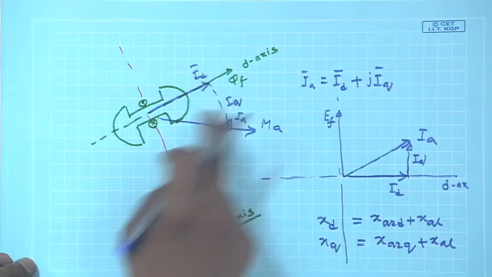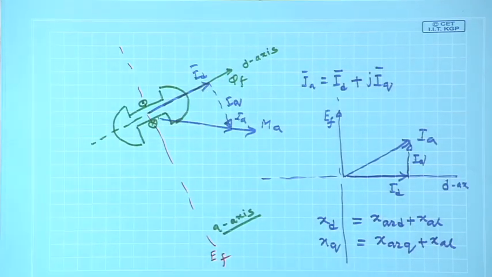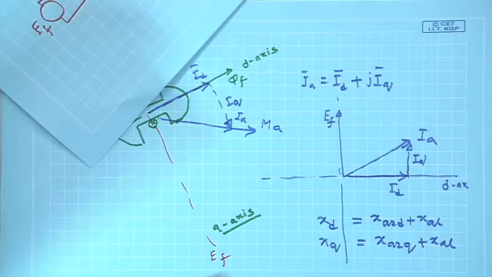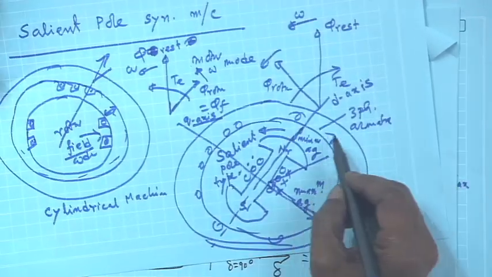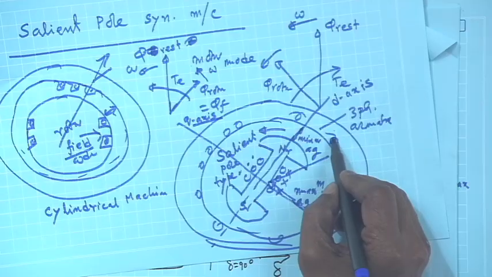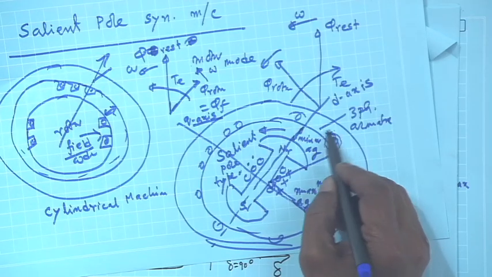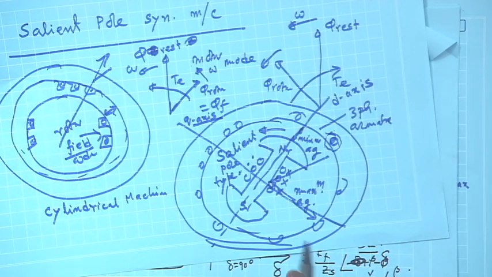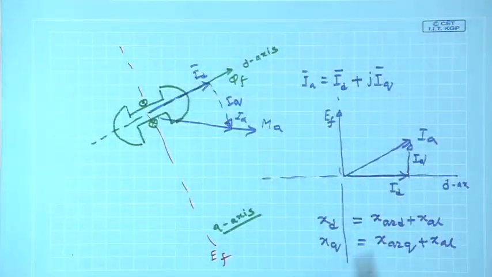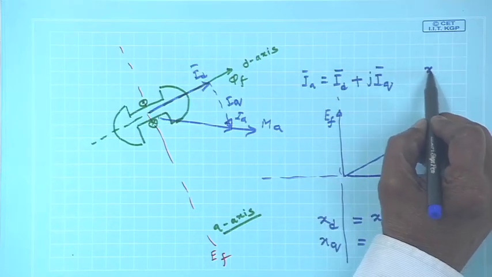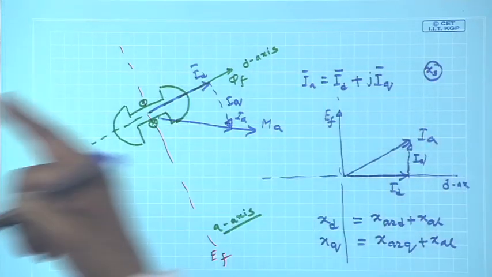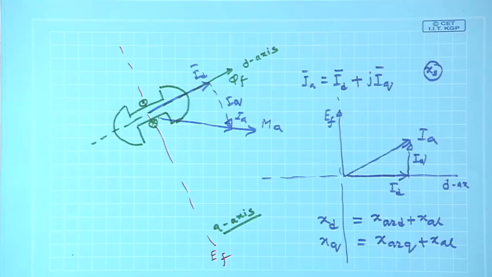Mind you, the leakage reactance is not affected, because the leakage reactance path will be around this armature conductor, and it will complete its path through the air gap. So, leakage reactance remains X a l. Therefore, you have to simply define, instead of a single synchronous reactance X s, as we did in the case of a cylindrical rotor machine, two reactances.